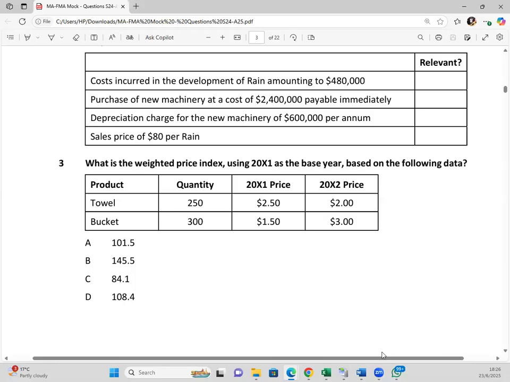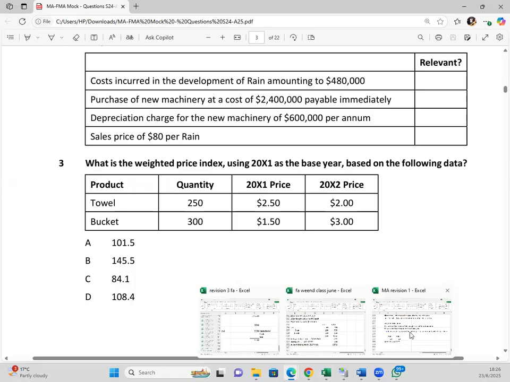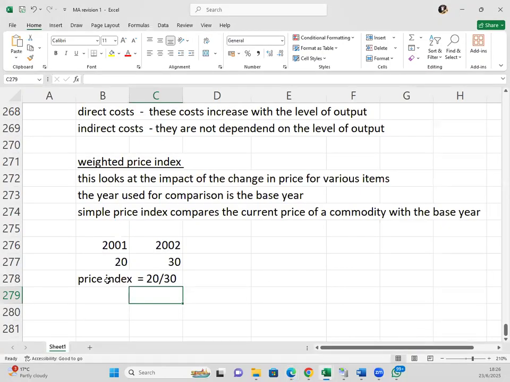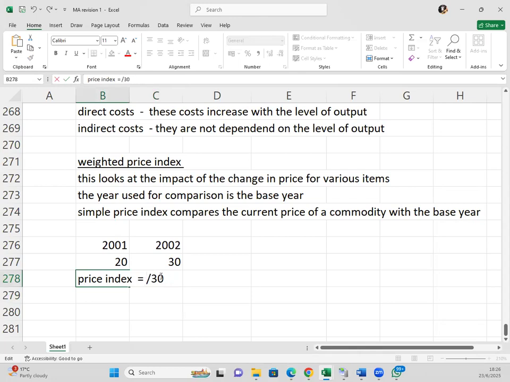Just thinking, I did the reverse here. The simple price index is supposed to be the current price over the base price. If we're in 2002, it will be 30 over 20. It's the current year price over the base year price.